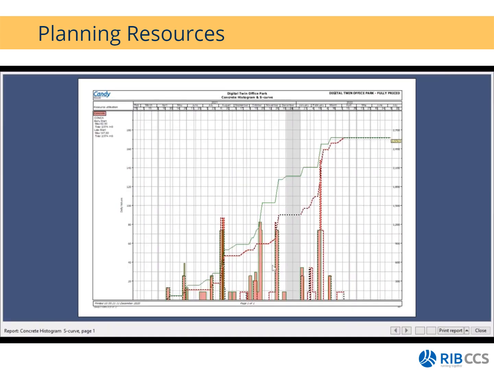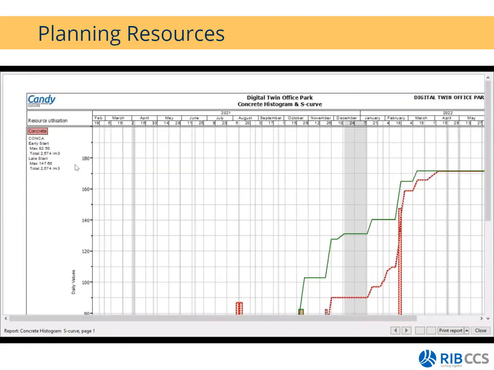And if I print that out, you'll see what that looks like. And again, if I just zoom in on the left-hand side of the screen, you'll see what is the maximum at early start, what is the late quantity at late start, as well as my total value. So in this case, we have a total of 2,500 cubes of concrete.